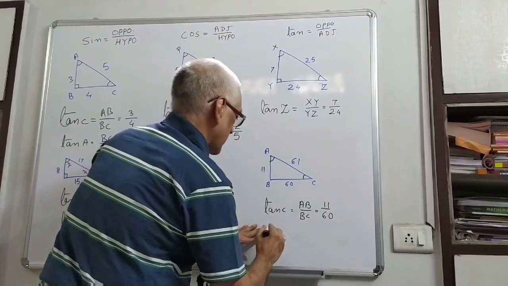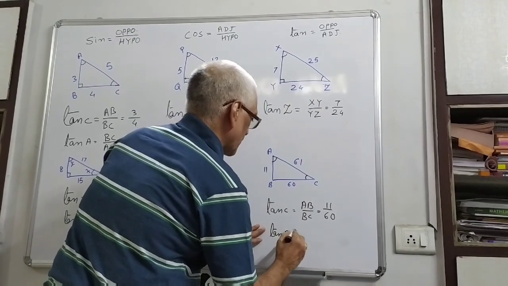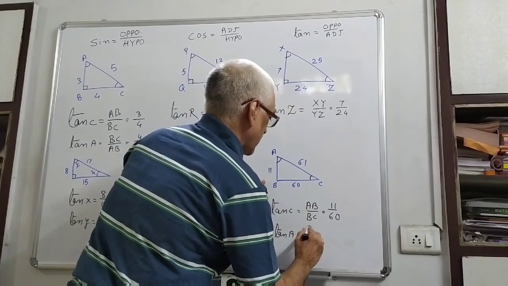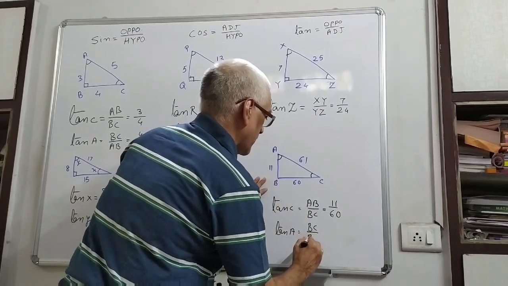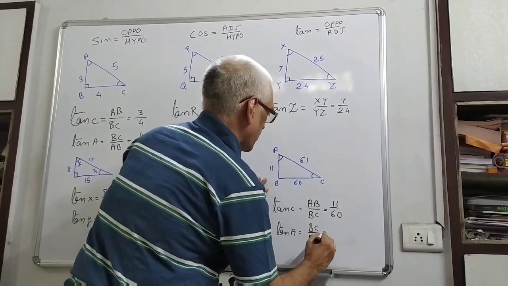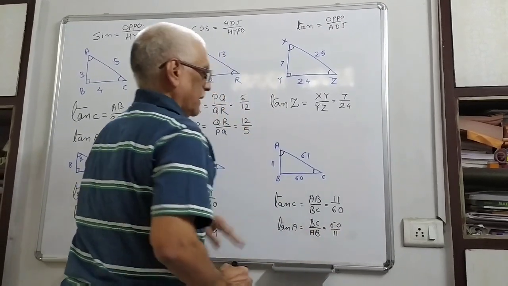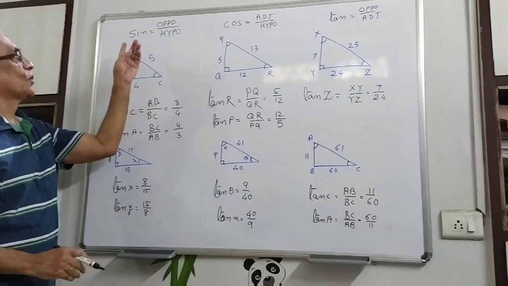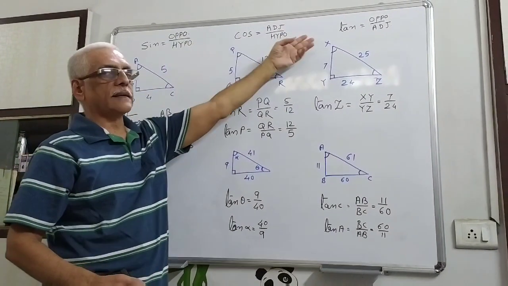And if we want tan A, the length of the side opposite to A is BC upon the length of the side adjacent to A, that is AB. So BC upon AB, BC is 60 and AB is equal to 11. Thus we have seen three ratios: sine of an angle, cos of an angle and tan of an angle.